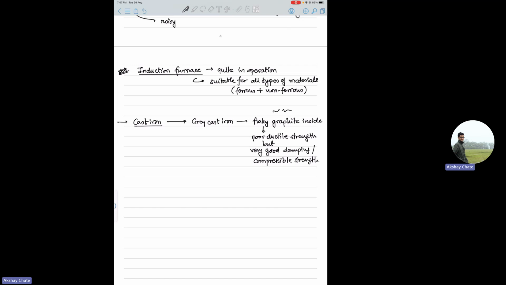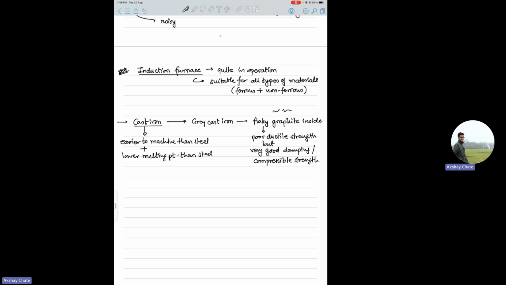Okay, and there is one more thing. Sometimes they ask that cast iron is easier to machine than steel, plus it has a lower melting point than steel.